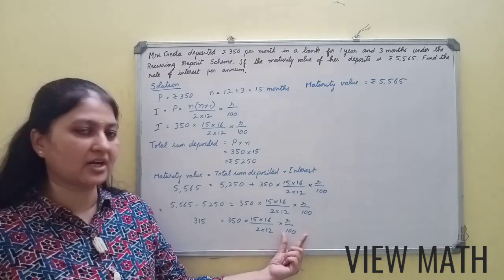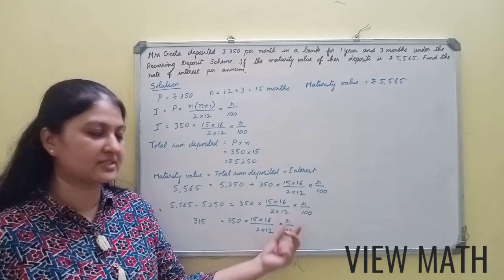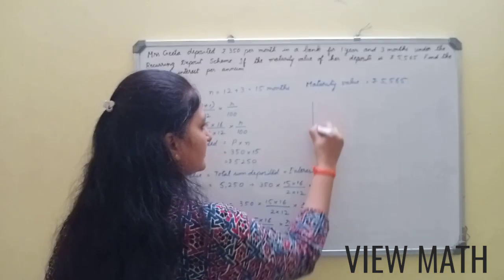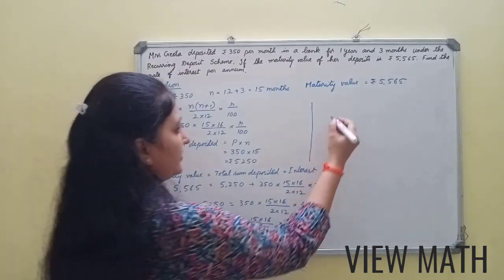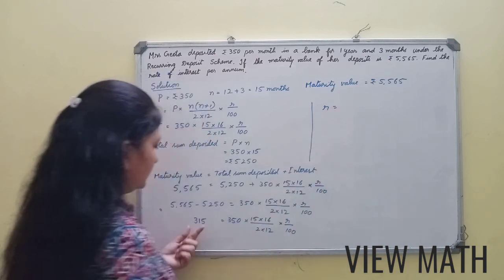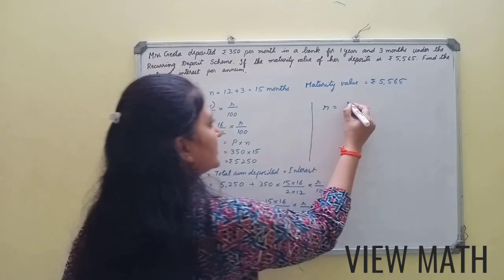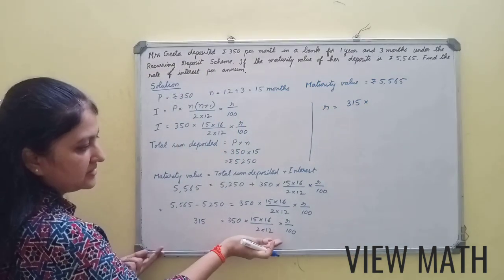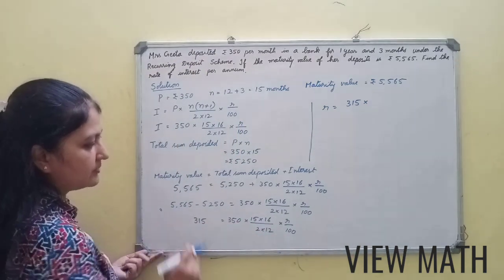So I have to calculate R. So let me keep R alone one side. Remaining all, let me take it to the other side and do the calculation part. R is equal to 315 into, so when I take this to the other side, the denominator all will come to the numerator.